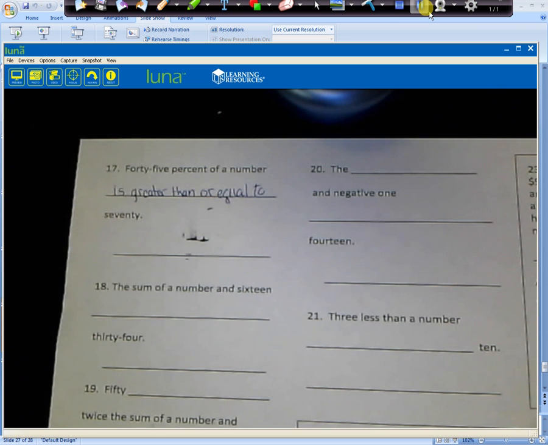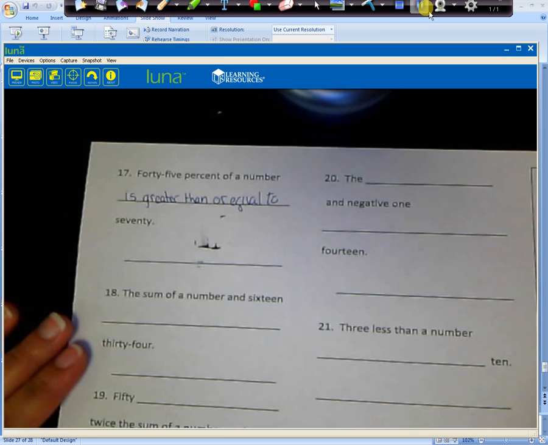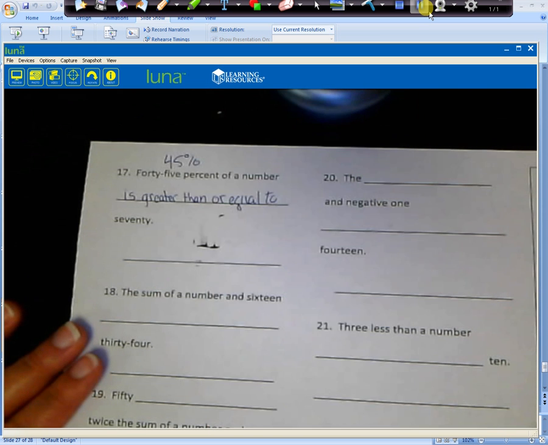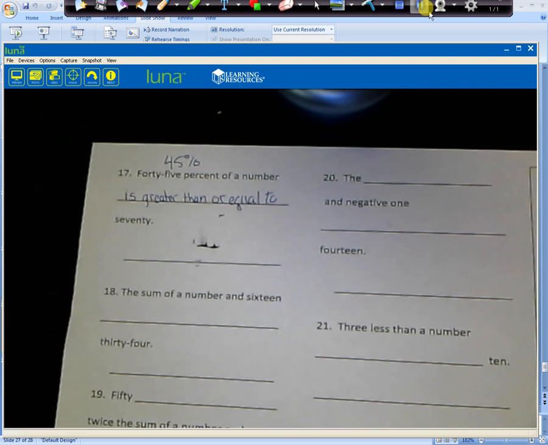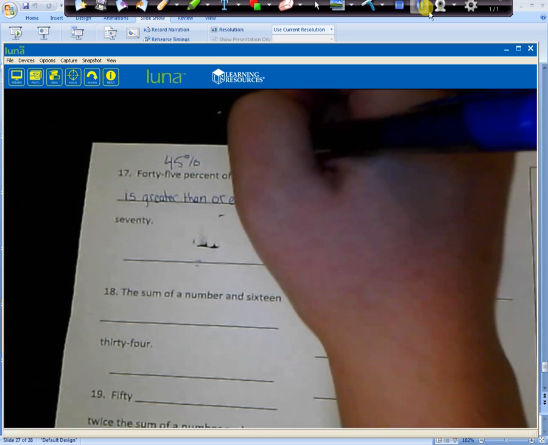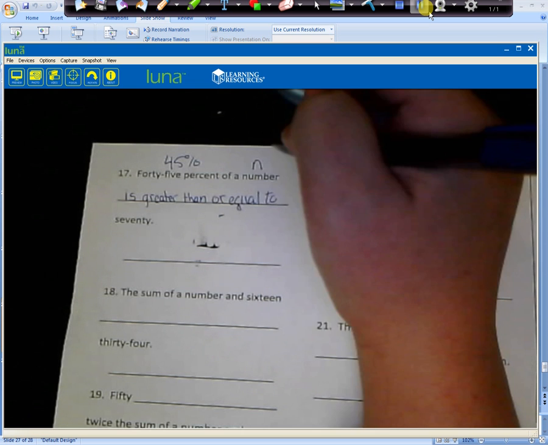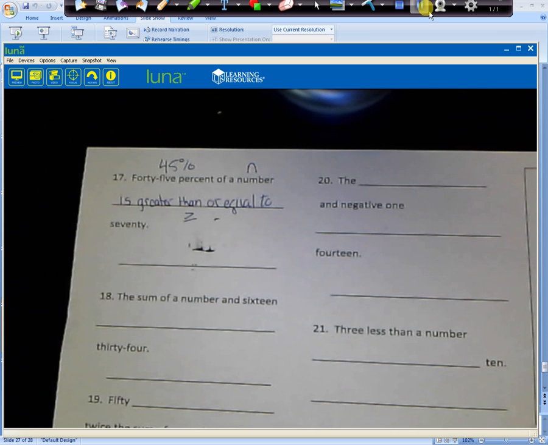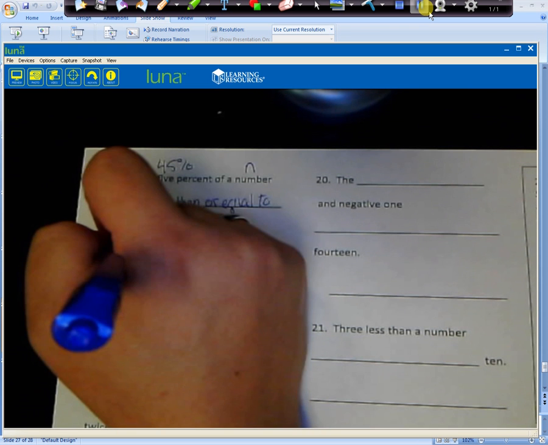Okay, we're going to start with the 45%, and you write that as 45%. Now be careful, we're going to change that when we go to put it into our equation, because we can't put that percentage symbol into our equation. Of a number means n, is greater than or equal to is a greater than or equal to sign, and then 70.